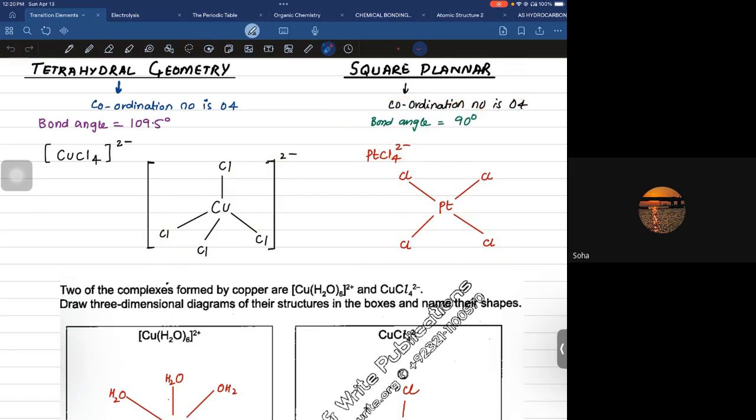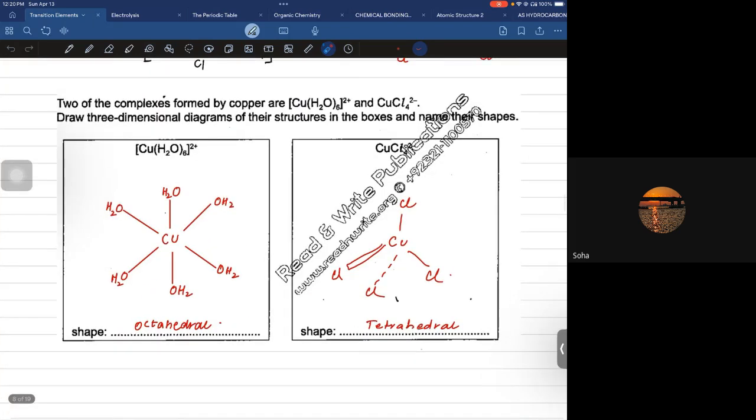Simple. For copper, chlorine with the charge 2 minus, you write directly it's tetrahedral. This is called a tetrahedral complex and the bond angle is 109.5 degrees. Very simple.